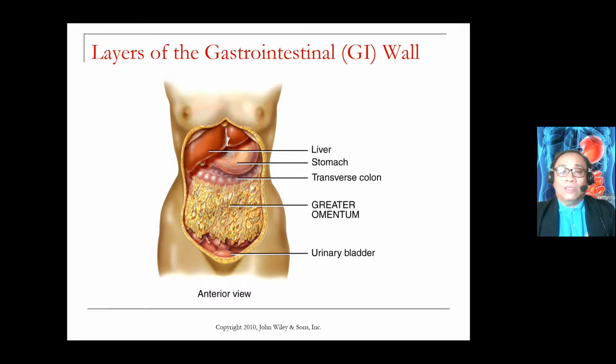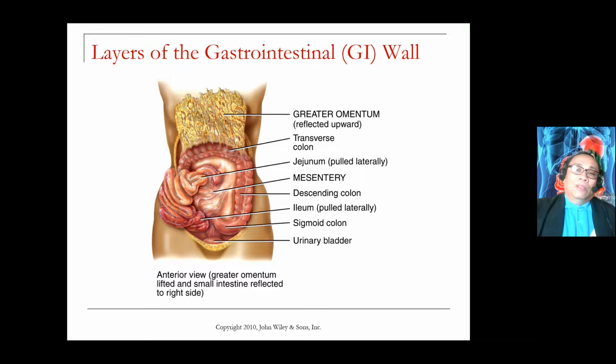And what facilitates this hanging or suspended nature of the gastrointestinal tract is the greater omentum. And it is also in this region where fats are stored, especially when one is fond of eating so much food that the excess nutrients are stored in the form of fats.